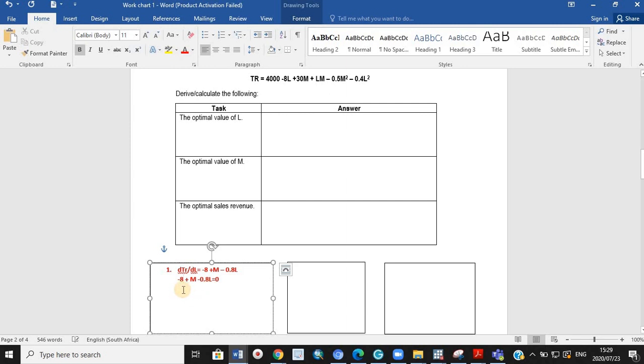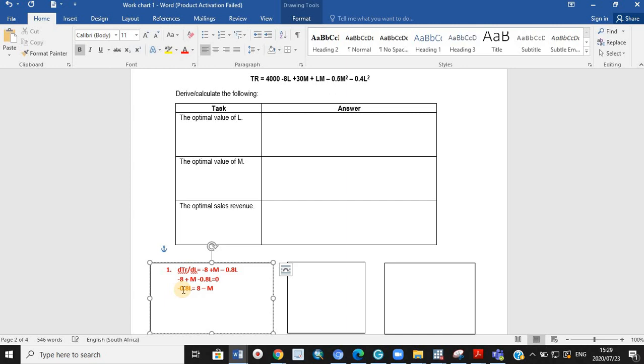That means we will have minus 0.8L should be equal to, it comes that side, 8 minus M, right? Very good.